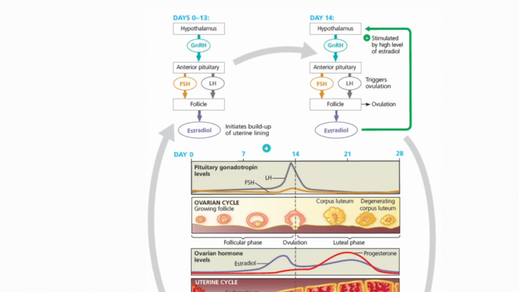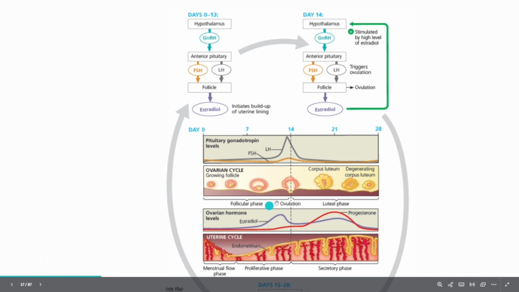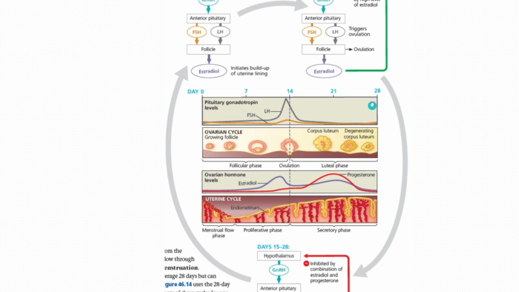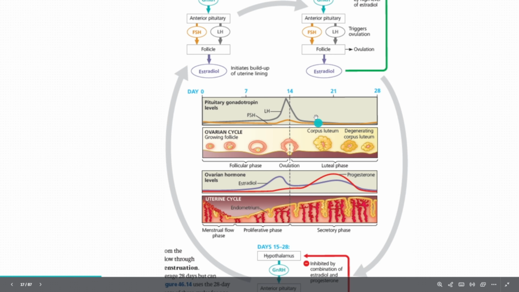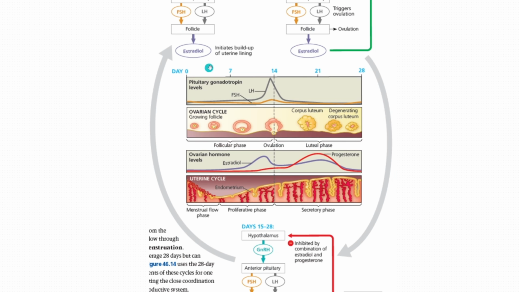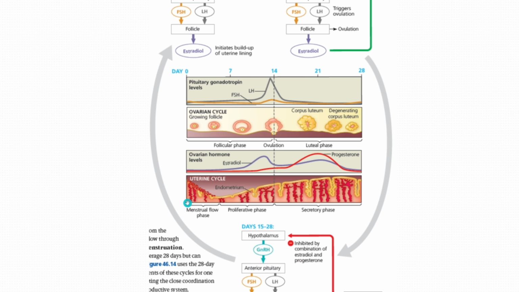Within the 1 month menstrual cycle, normally day 0 to 28, so nearly 1 month, menstruation normally occurs here. This is the menstruation flow phase, during day 0 until day 7 or so, where the female undergoes menstruation.